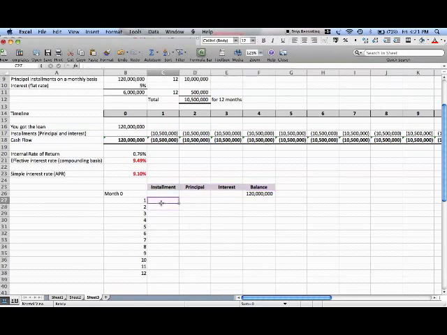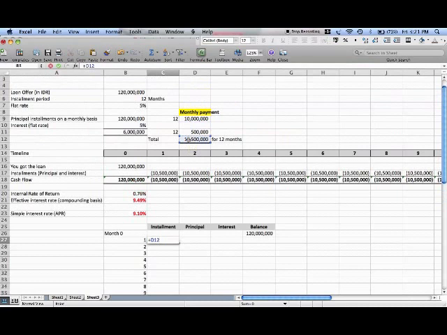Hopefully you can follow me. So its initial balance is 120 million rupiah. Your installment is this one. Okay, I make it fixed.